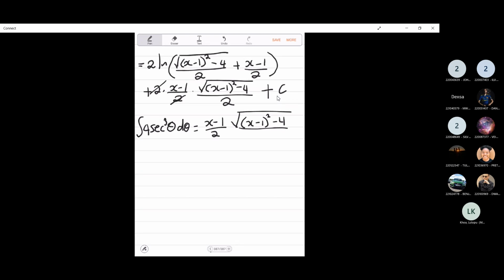No over 2, because this 2 here is that one there, and then we have plus 2 ln of the square root of x minus 1 squared minus 4, plus x minus 1. Notice the denominator 2 is gone because we've added it to that constant. Okay, then plus c.